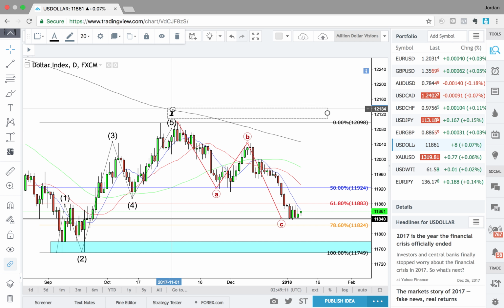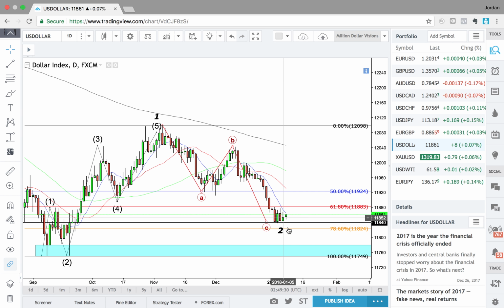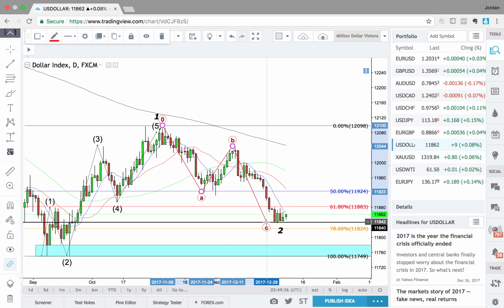It is not clear yet if this two is set in place yet. Remember, as long as this C leg does not close beneath where the one leg started, it's still fair game.